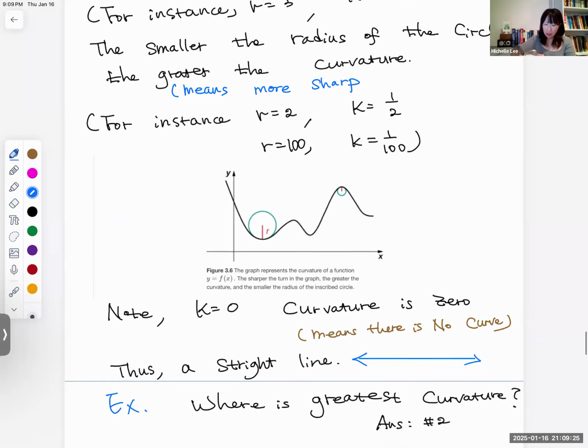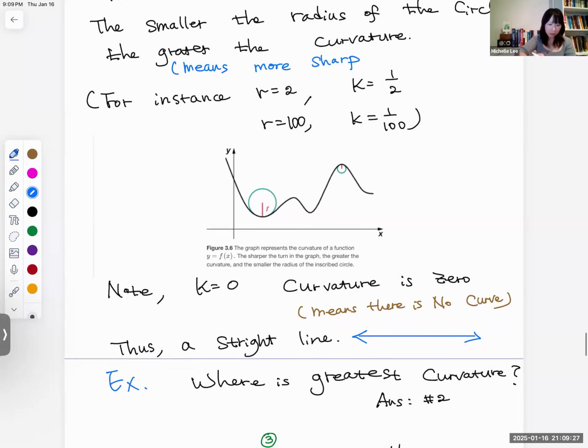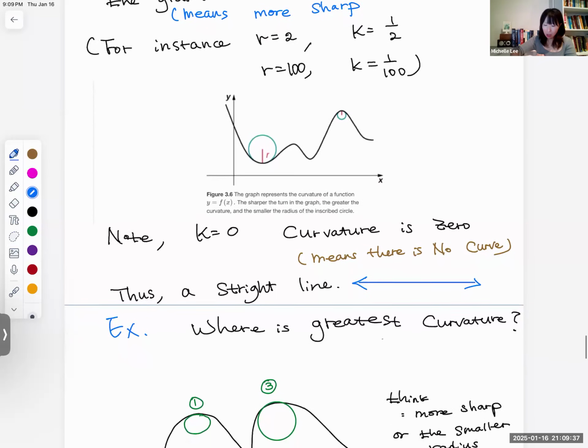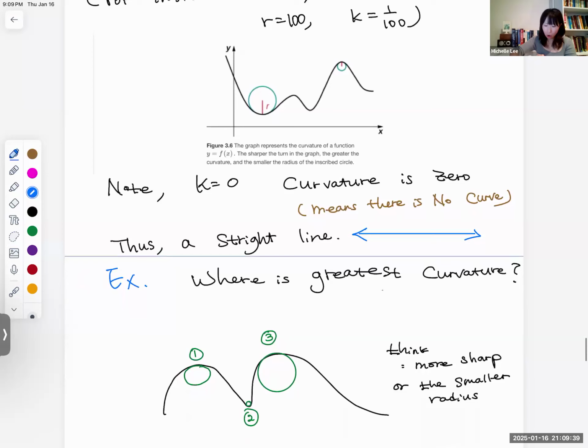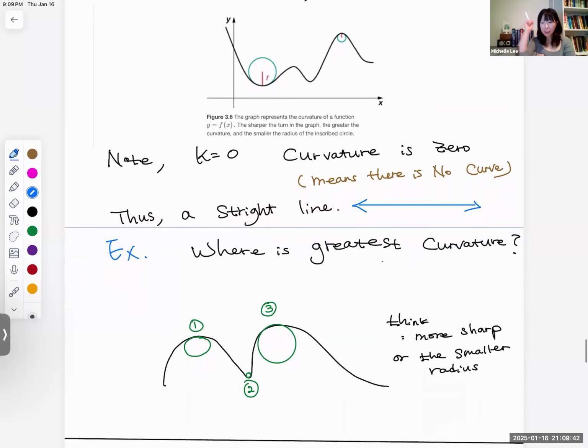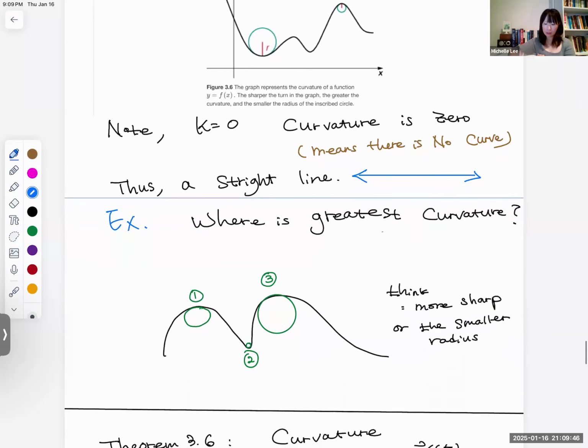Okay, let me erase it first. You cannot see that, right? Okay, where is the greatest curvature in this case? Think about you driving.